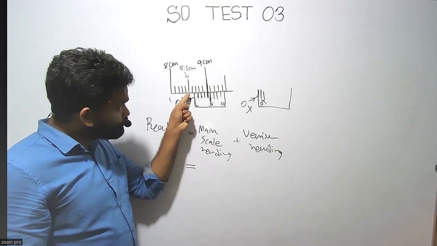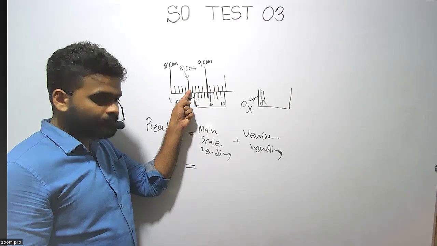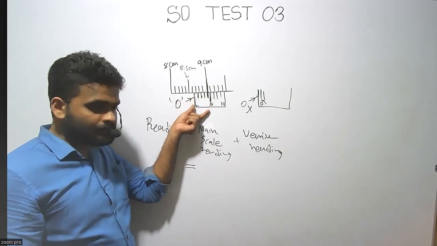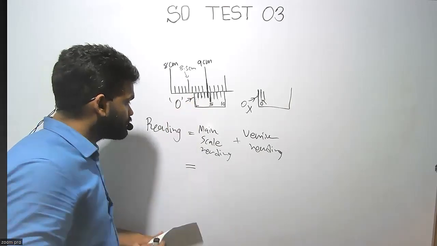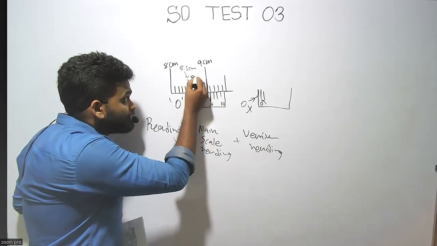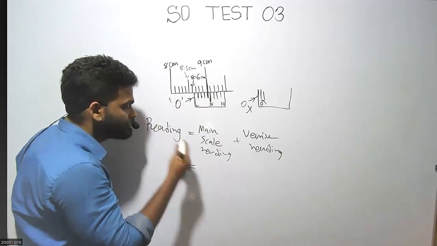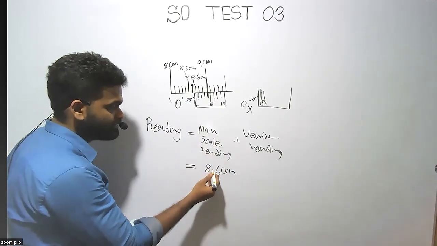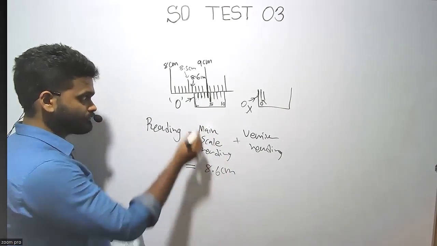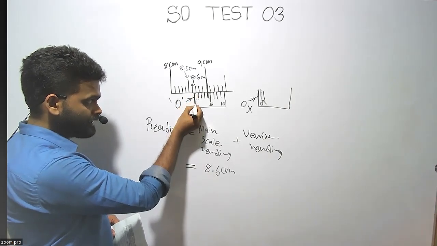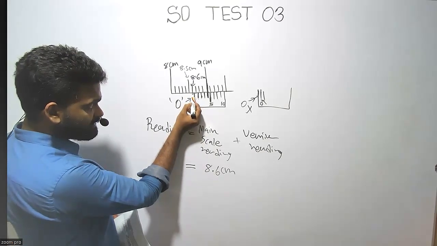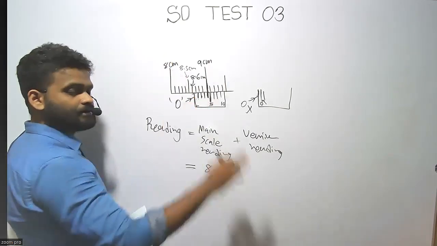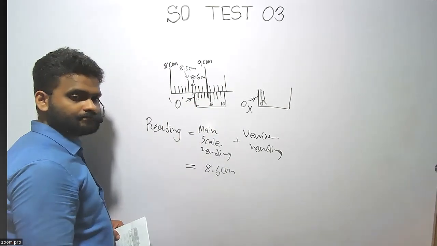But you can read up to 8.6 centimeters, right in front of the zero division. So you can read up to 8.6 centimeters using the main scale only. Understood? But there's a slight addition that can be read by the vernier reading.